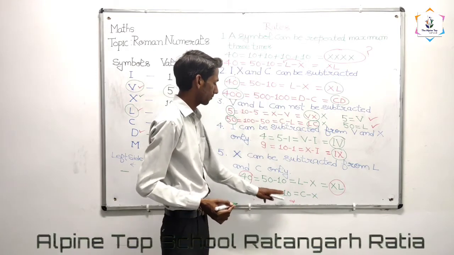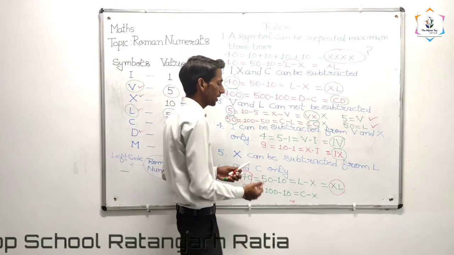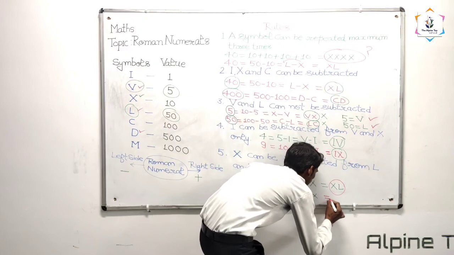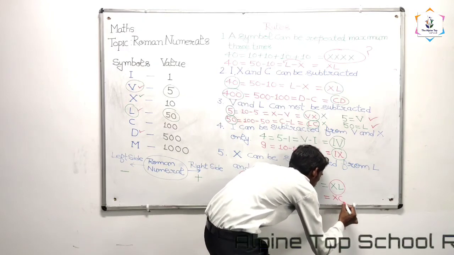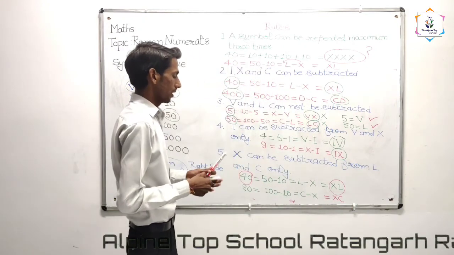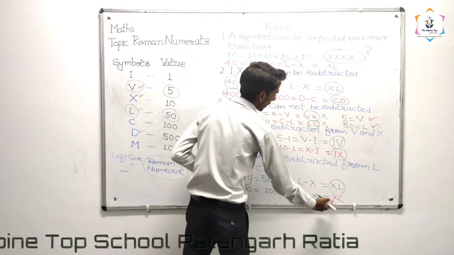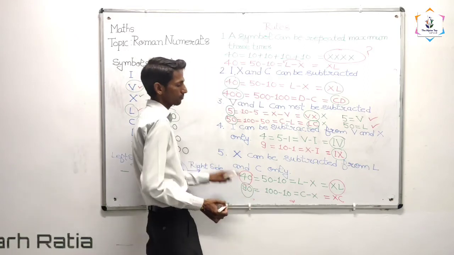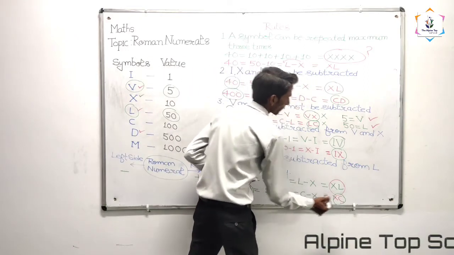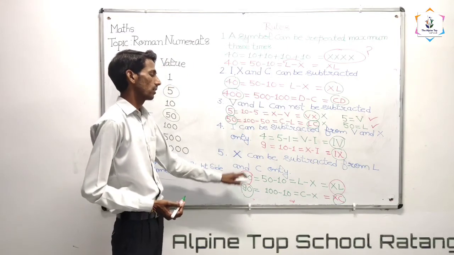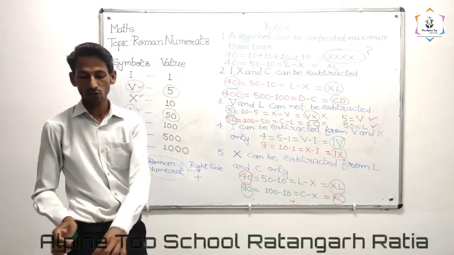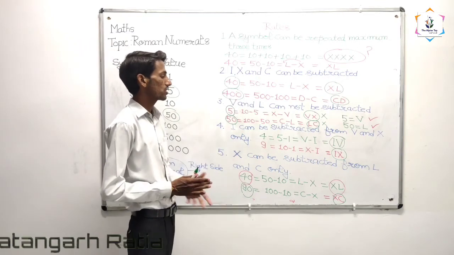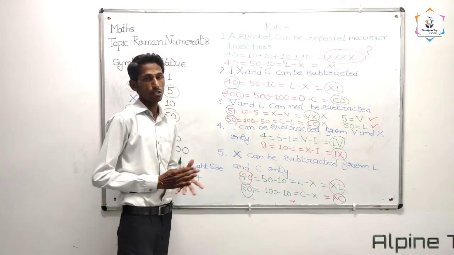Because I am subtracting 10 from 100, obviously I have to shift X on left hand side of C. It means I can write XC. XC is a way to write 90 in the form of a Roman numeral system. Here students, we are observing XC we use to write 90. According to these two examples, dear students, we are understanding that X can be subtracted from L and C only.